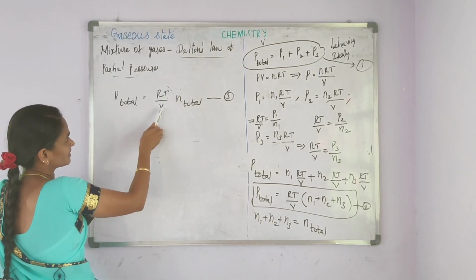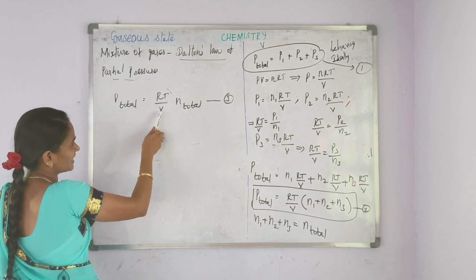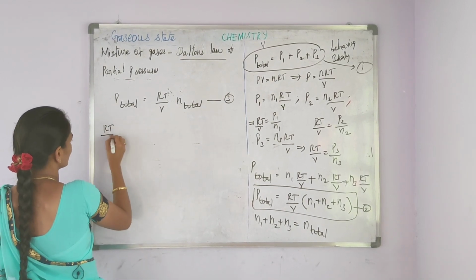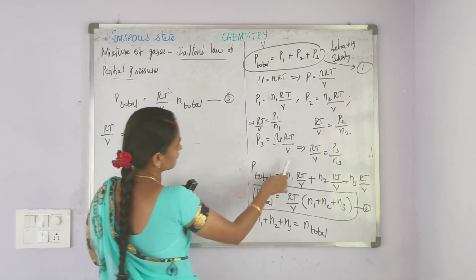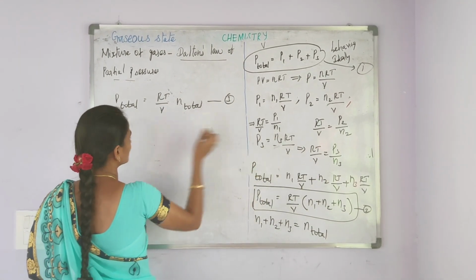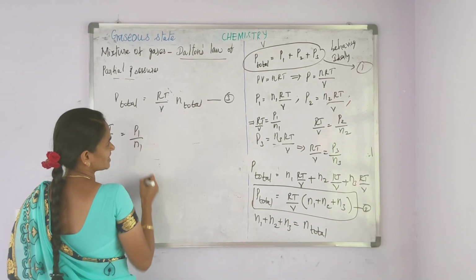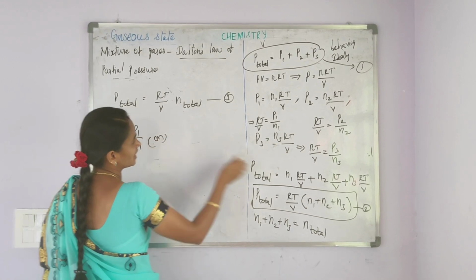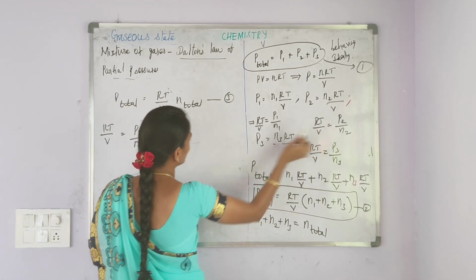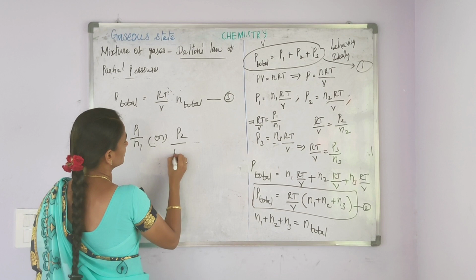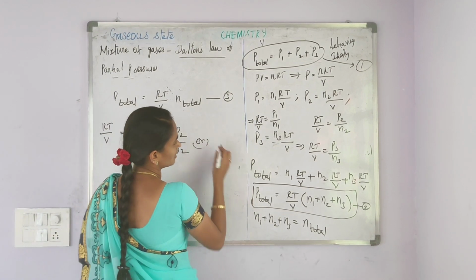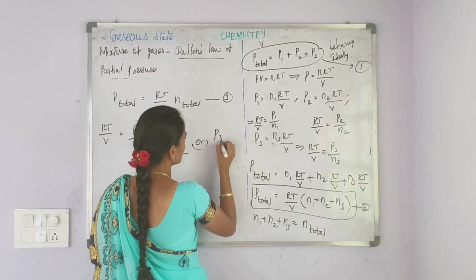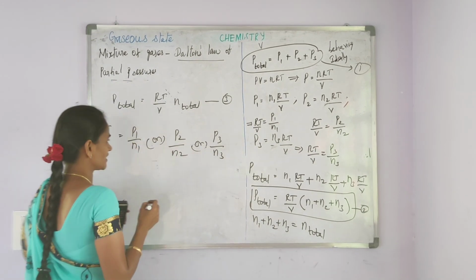Already we found the values for RT divided by V: RT divided by V is equal to P1 divided by n1 or P2 divided by n2 or P3 divided by n3.